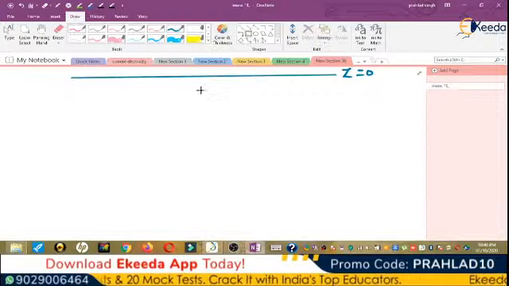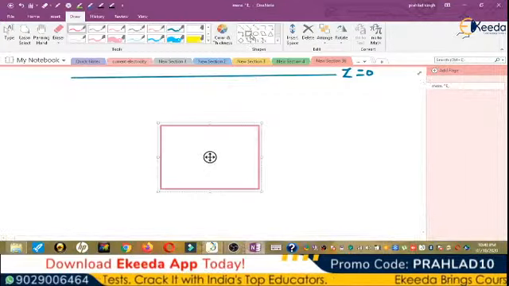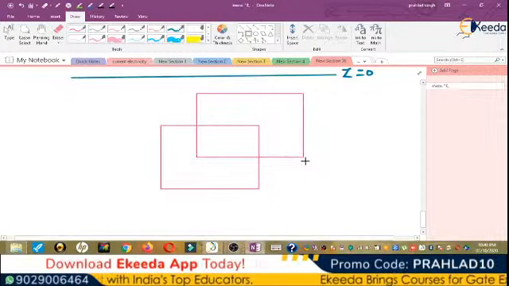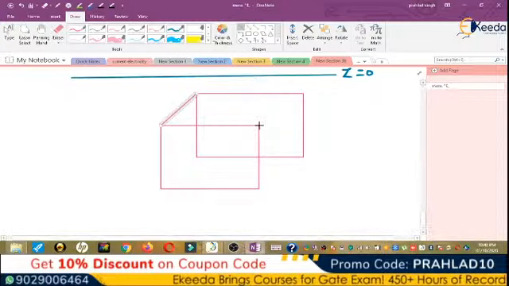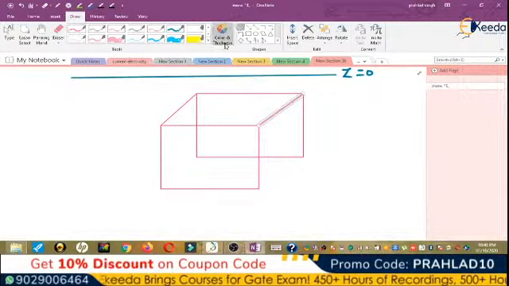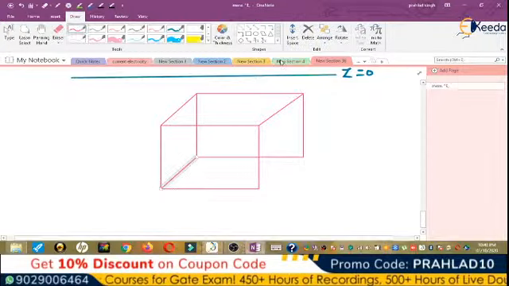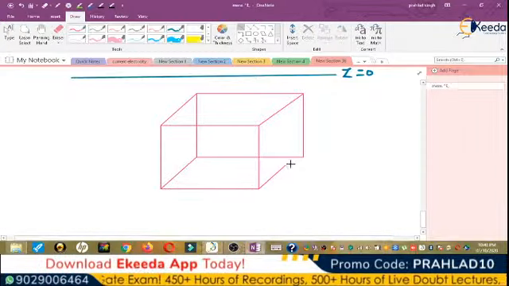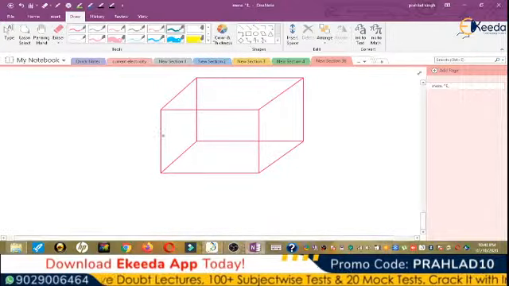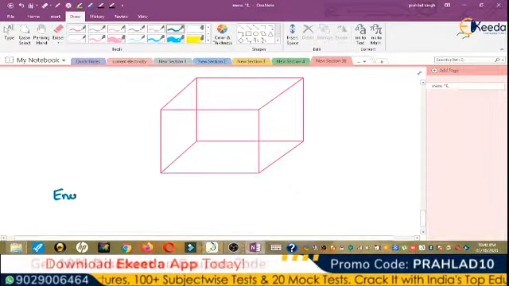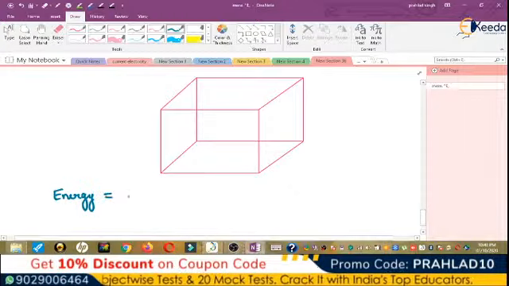The cube will lie in the medium number 2 here, right? The complete cube is lying in medium number 2. Then we want to calculate energy within the cube.